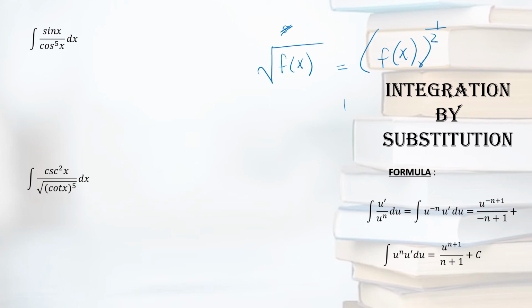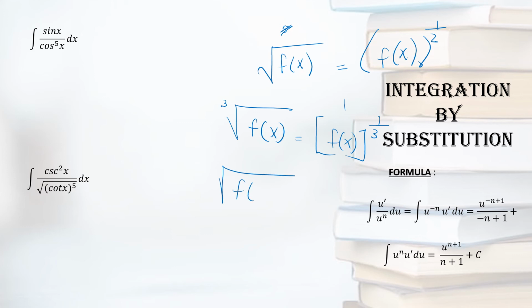Similarly, if f of x is written in the cubic root, you can write it as f of x with the power 1 over 3. Now, if something is written as f of x, here it is considered as the out, and here the power is in. So you can write the function as in over out. So remember, in over out.